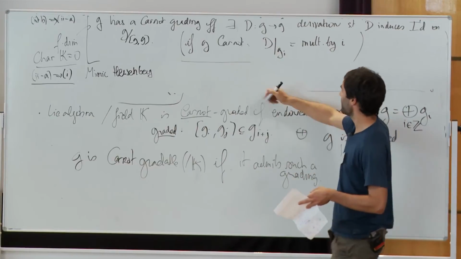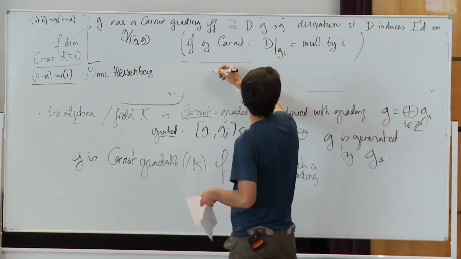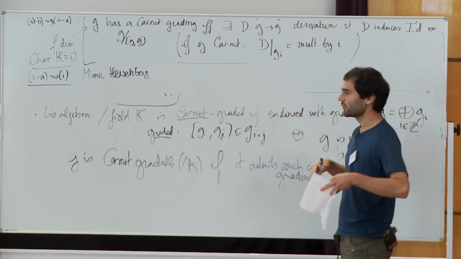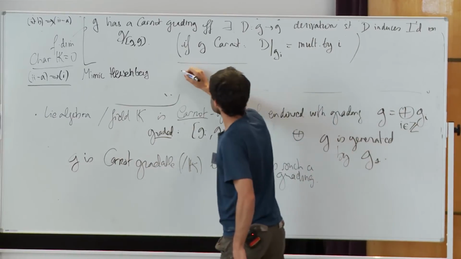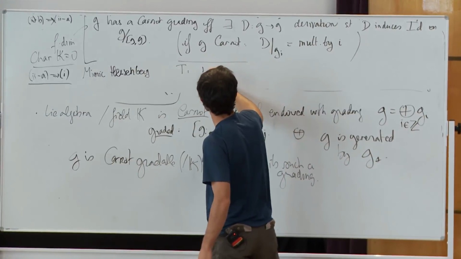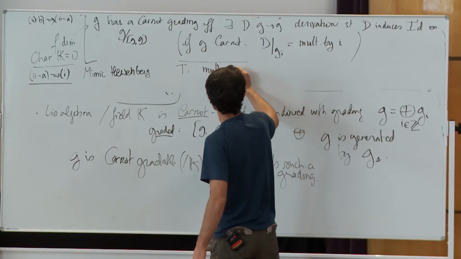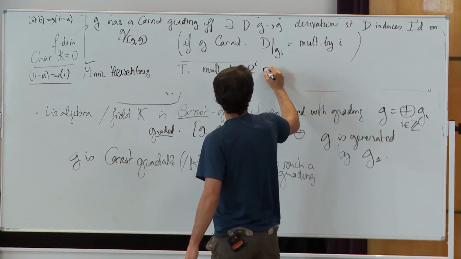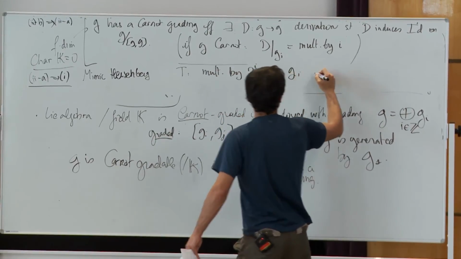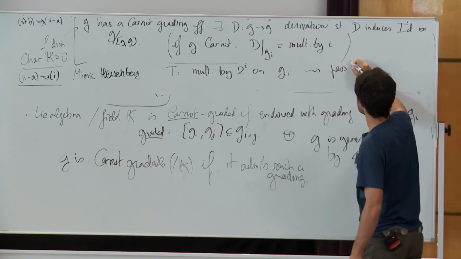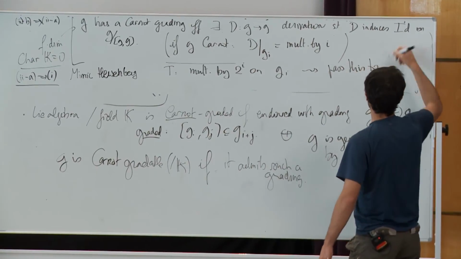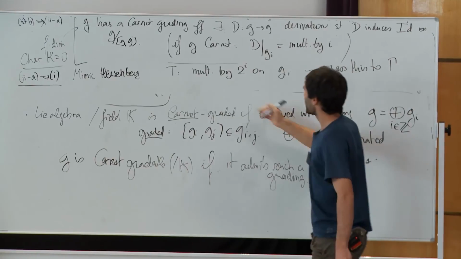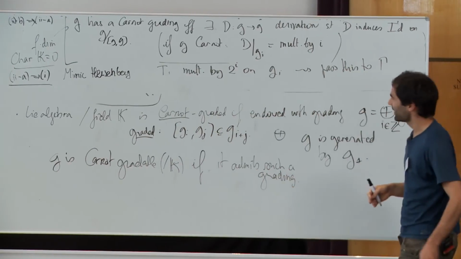When you exponentiate, it means you can multiply by, say, 2 to the i on Gi, and you want to pass this to gamma, and possibly you cannot, but some large power will pass to gamma.